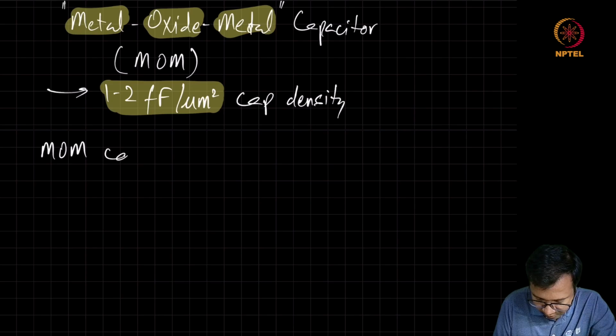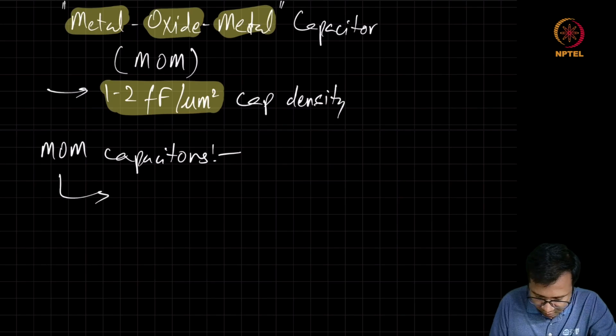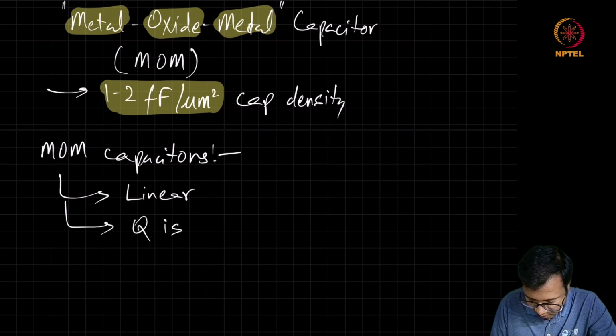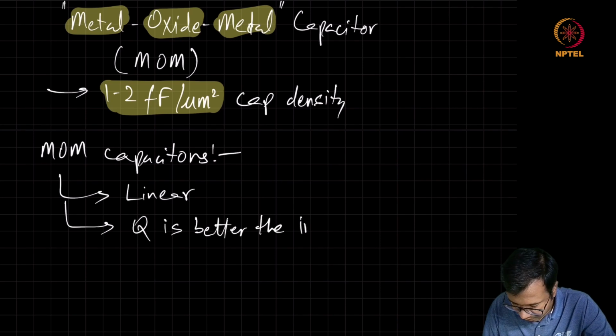MOM capacitors: linear, Q is better than inductor.